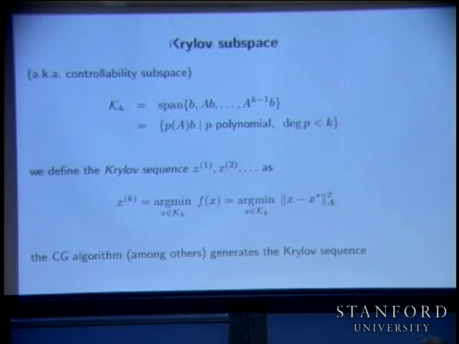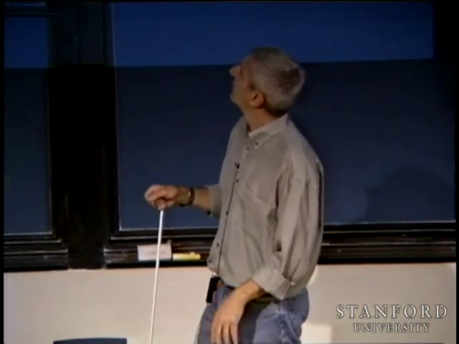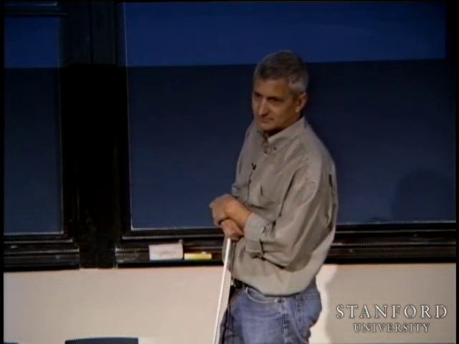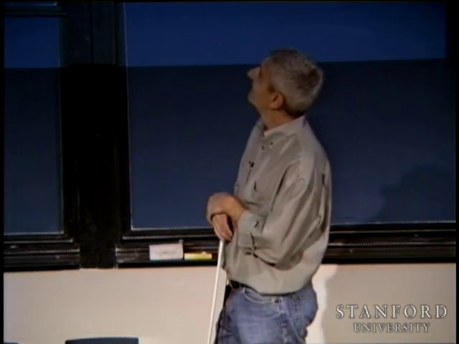This is when b equals 0. But here's the good news. The first one is a hit because the solution of Ax equals 0 is x equals 0. So it's okay. A more extreme example would be something like this. What if b were an eigenvector of A? Then what does the Krylov subspace look like? Well, it's just the first thing. You get b, then you get a multiple. So actually all the K's are the same after K1.